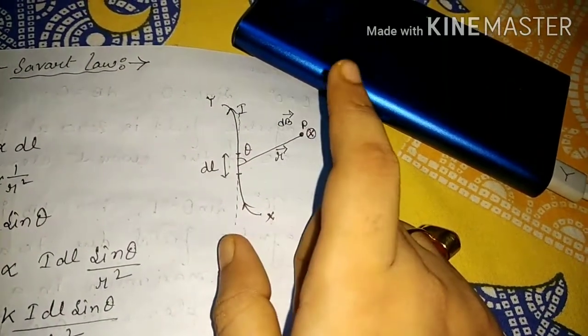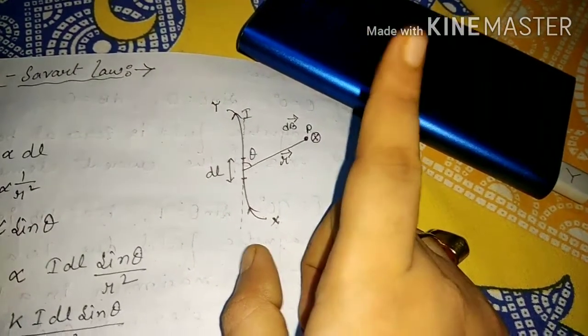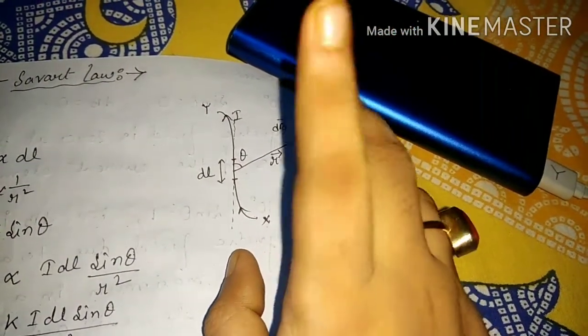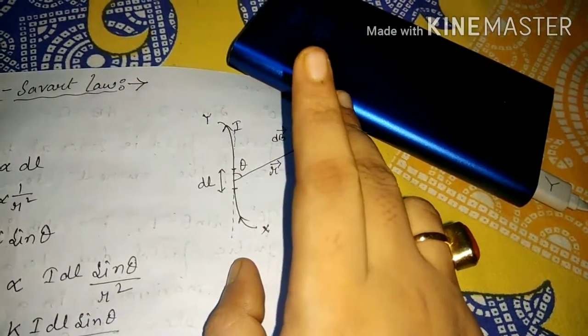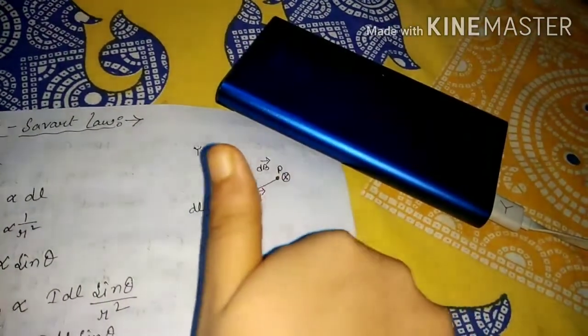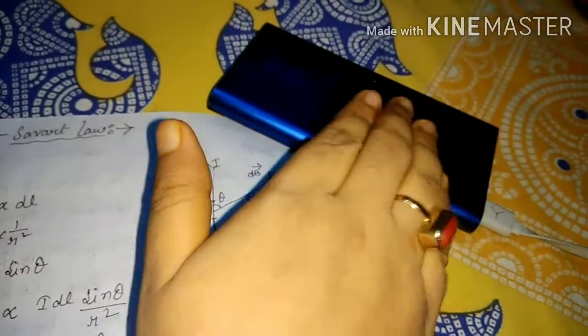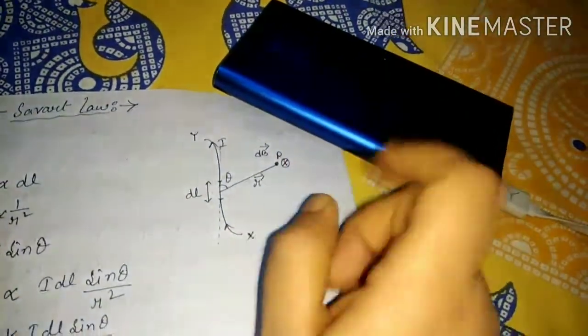Now how can we determine the direction of dB? In that video we discussed two rules: the right hand thumb rule and the right hand corkscrew rule. The thumb represents the current direction, and the direction in which the other four fingers move is the direction of the magnetic field.